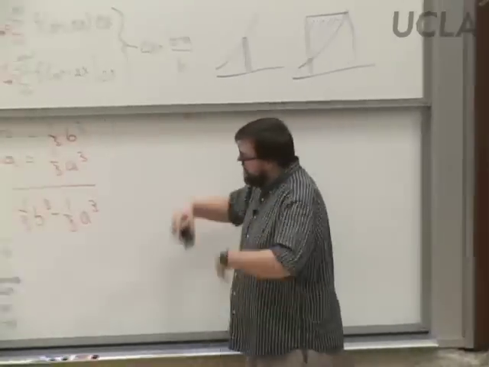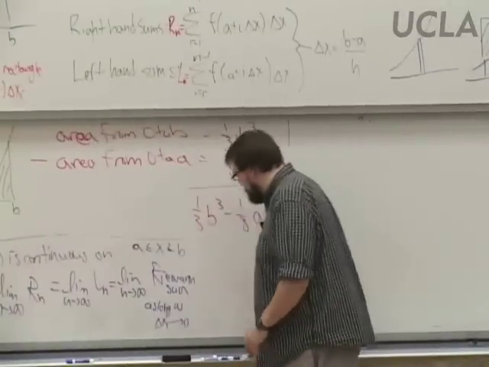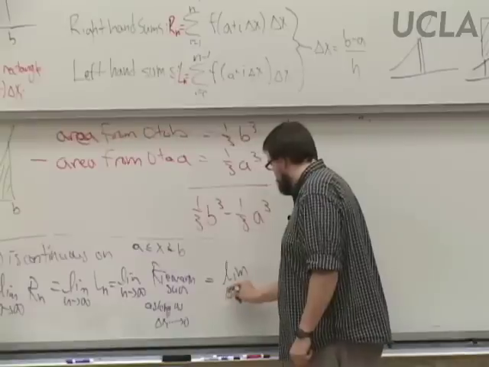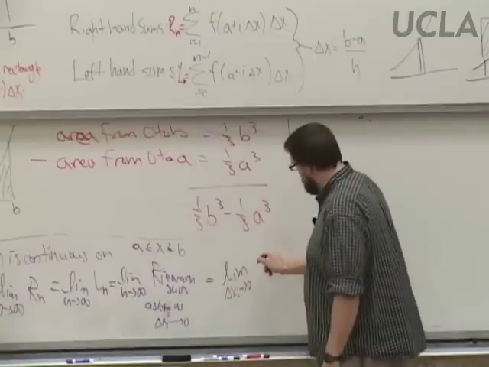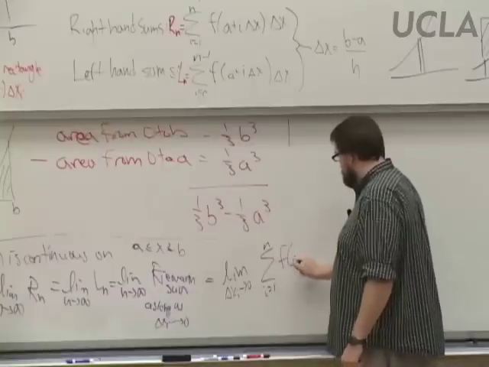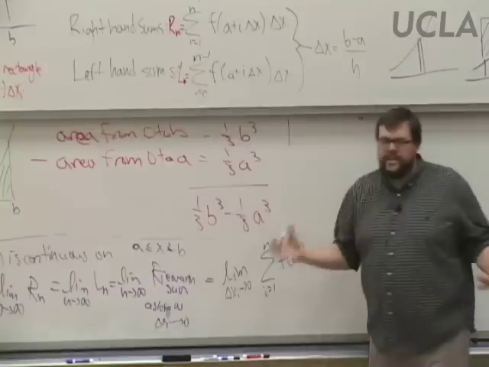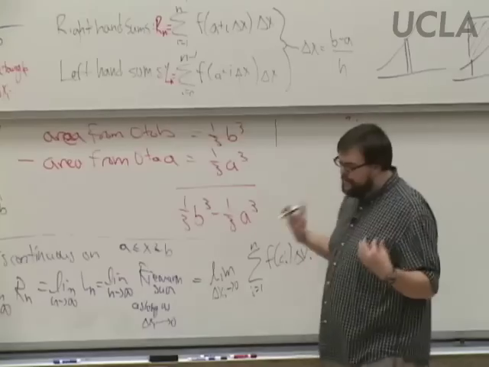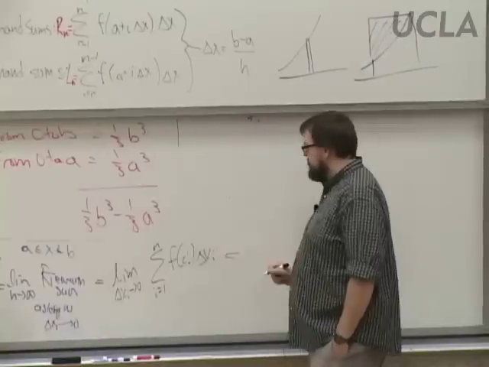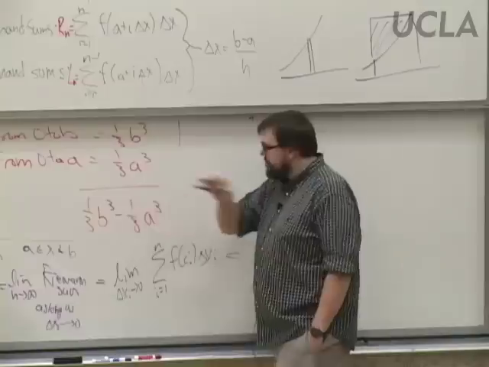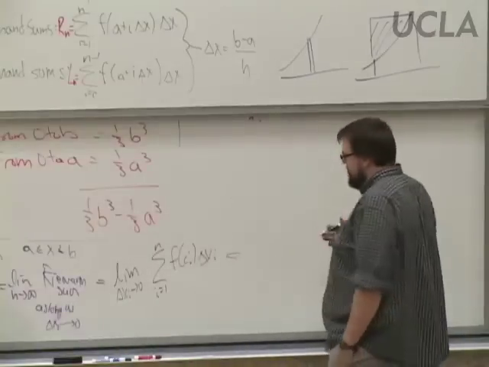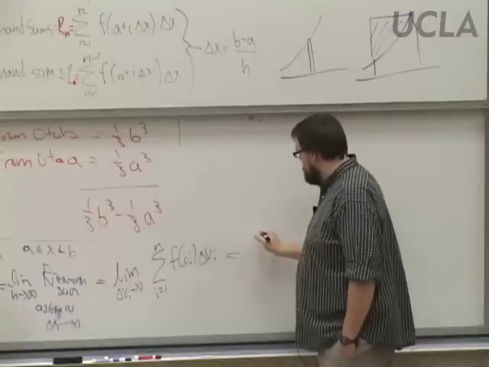So instead of always writing out this very complicated thing, the limit as your delta xi go to 0 of the sum, i equals 1 to n, of f of ci delta xi, which is your Riemann sum, we said, let's come up with some shorthand notation. Whenever these limits exist, which will be for continuous functions, which will be 99% of what we do, we're going to call it a name.